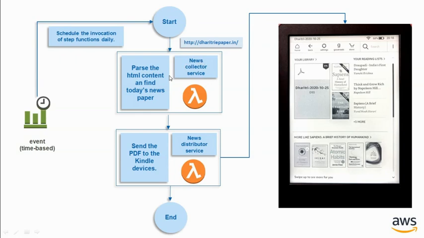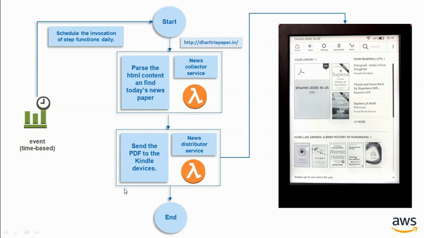The news collector service takes this input and it gets that day's PDF link, it doesn't download it, and it sends that PDF link to the news distributor service.